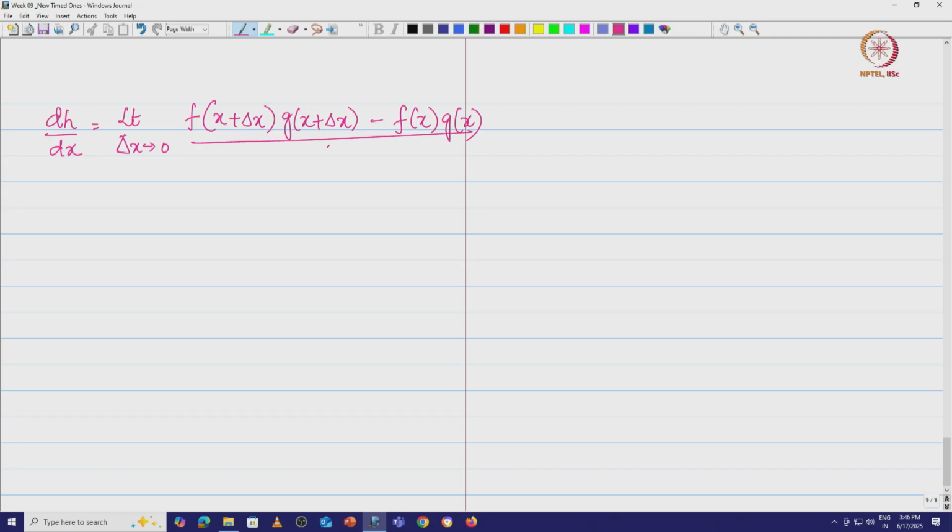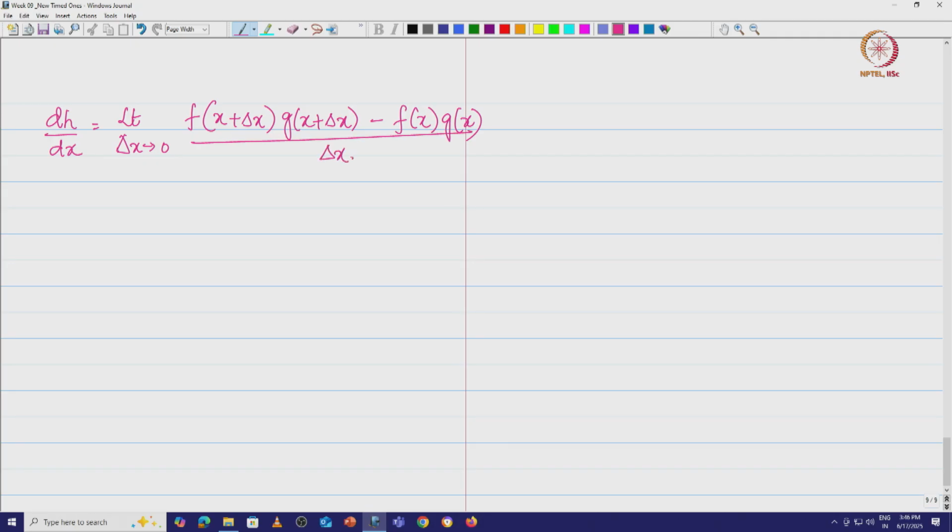So let us just do our basic way of finding the derivative. I am going to look at dh by dx, which is nothing but the limit, let me make limit delta x tending to 0, of f of x plus delta x into g of x plus delta x minus f of x into g of x divided by delta x.